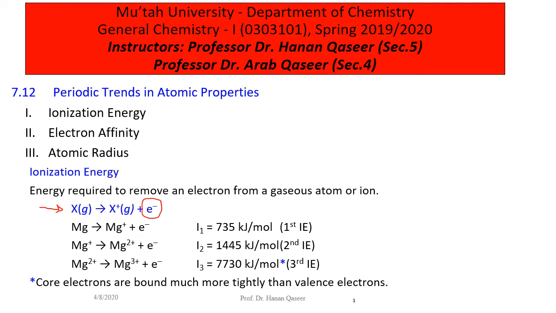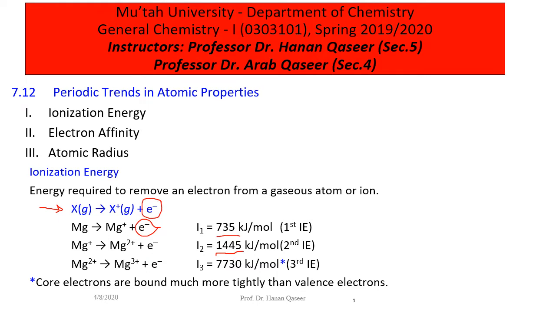Example: here we have three equations representing the ionization energies of Mg. We need 735 kilojoule per mole to remove the first electron from neutral Mg. For the second ionization energy we need about 1445 kilojoule per mole to remove the second electron from the cation Mg plus.